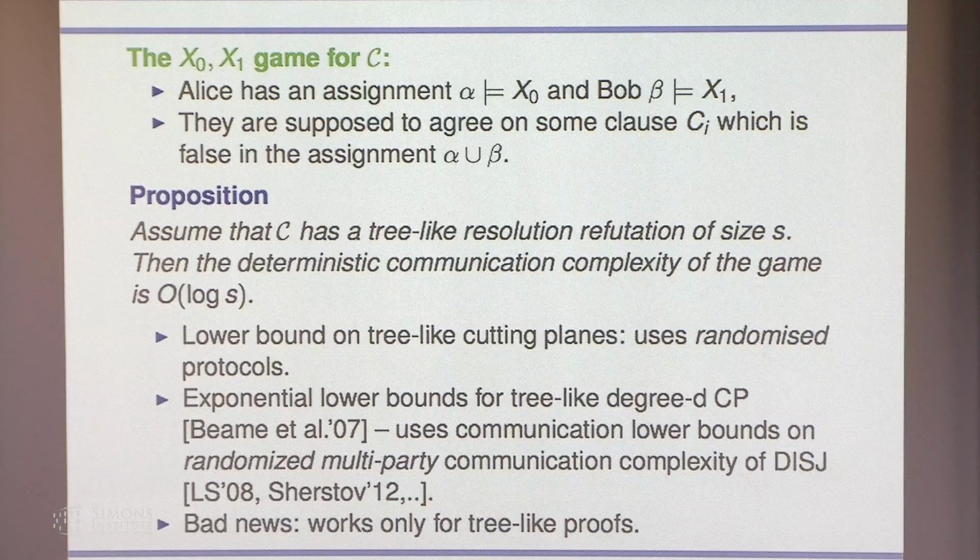In the randomized thing, is there a log n or log something? Well, let's see that. So it's tree-like degree-D cutting planes. So let's stay on the safe side and say that D is fixed, like 1,000.